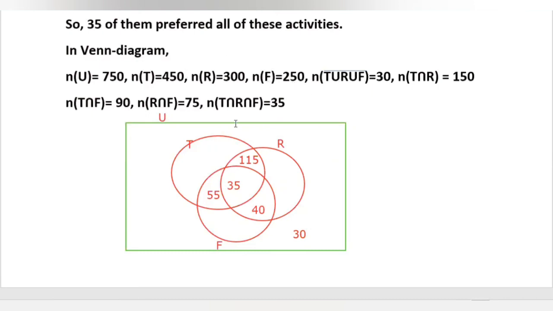Now n of F is 250. So let's see how many we have. In total we need 250. Out of 250, 55 here is filled up, 35 here, 40 here. Let's see how many in total. By using the calculator, you can check 55 plus 35 plus 40, it's 130.